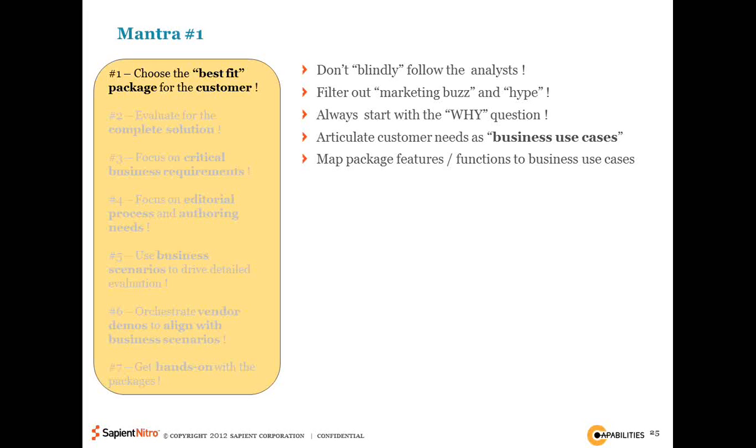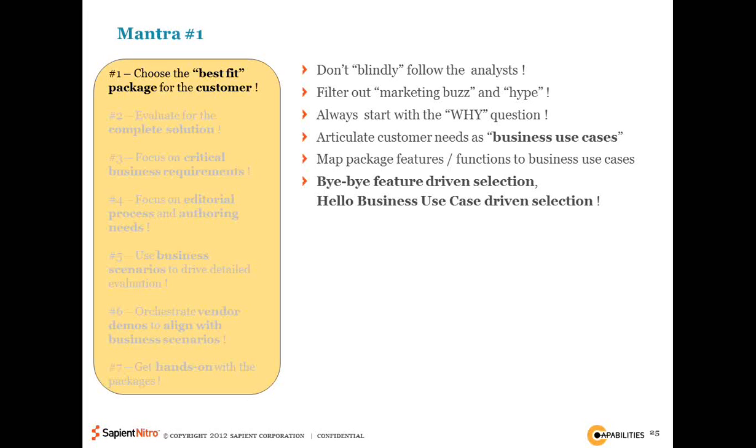You want to use that as input, but then you want to ask the basic question of the why, and then articulate your customer needs as use cases so that you're mapping the data sensibly, right? So it's important to map features and functions that you're asking for to business use cases. So it's not about whether workflows are delivered better by package A or package B. It's about this is what my customer needs, and correspondingly this is the package that is likely to work, right?